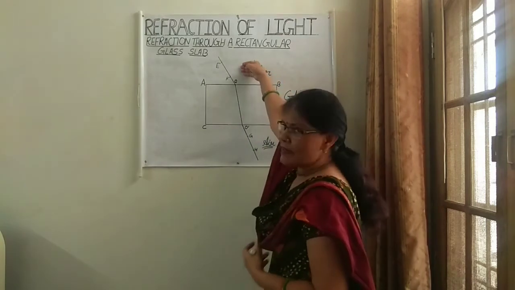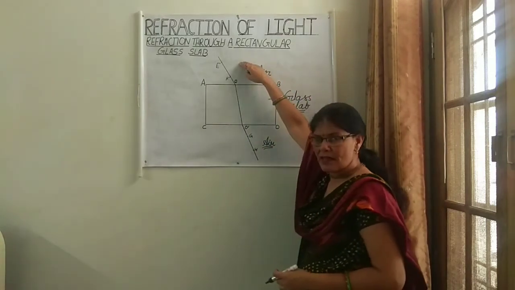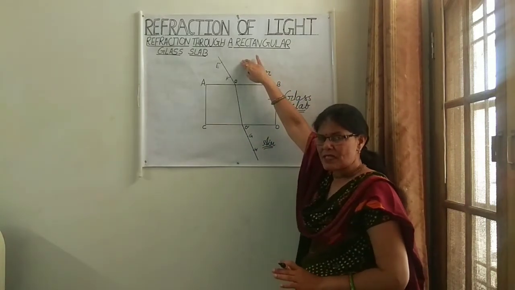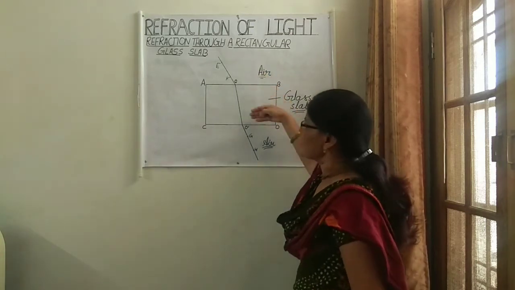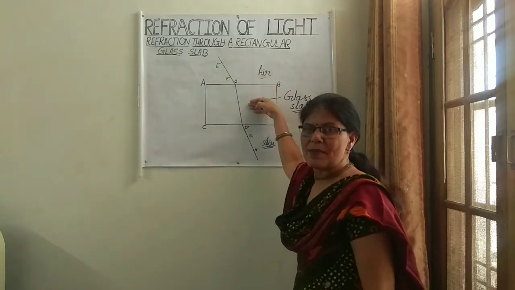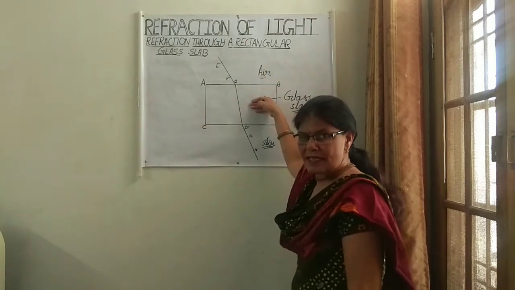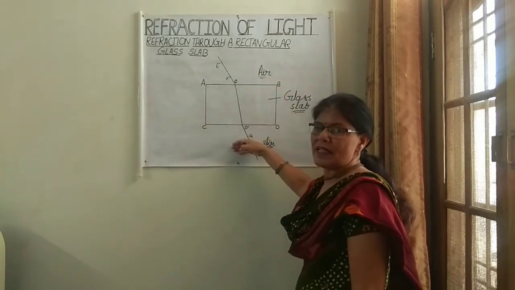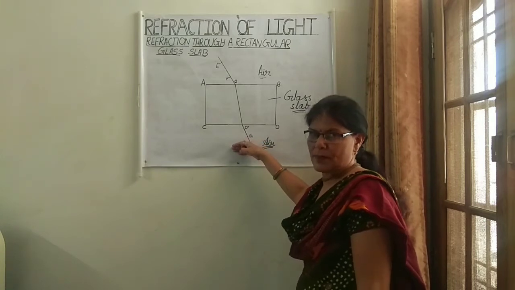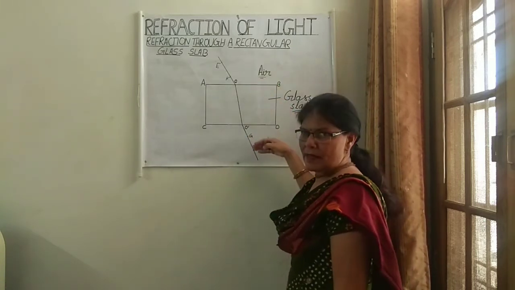Here we have the air medium, so the first medium is air, then this is a glass slab, so the second medium is glass, and again we have air as the third medium. Air, glass and air.